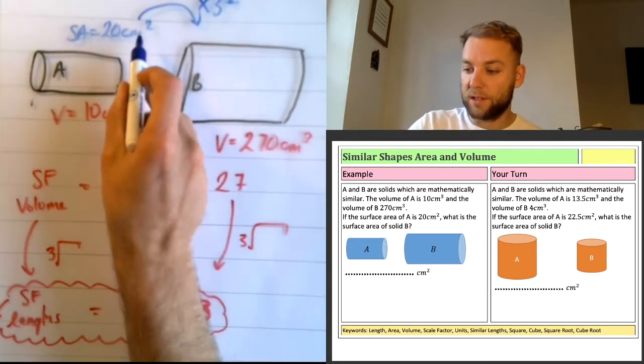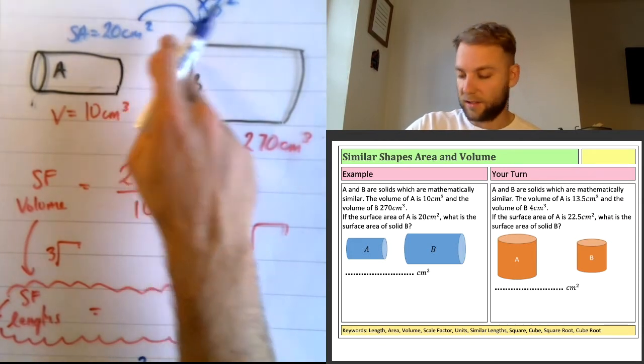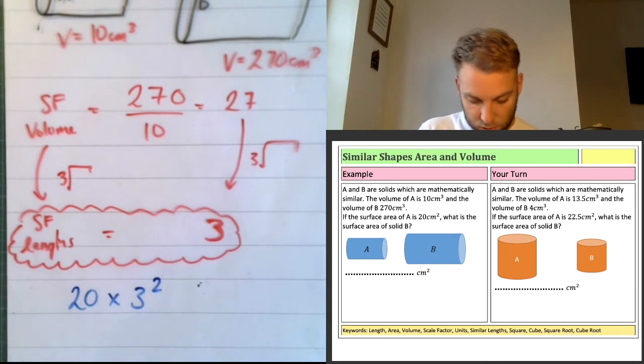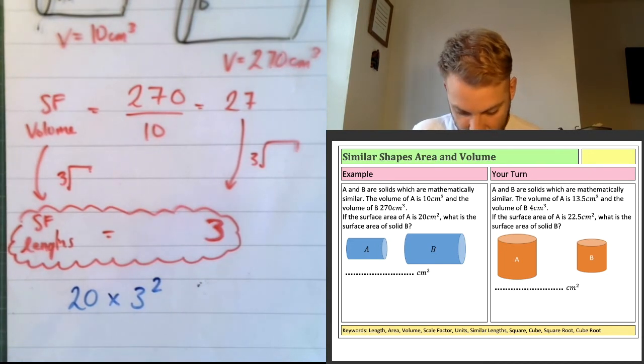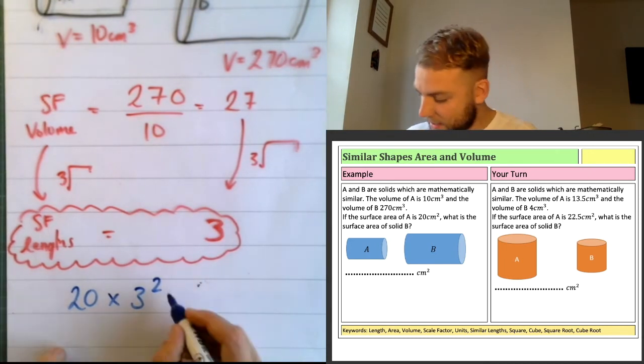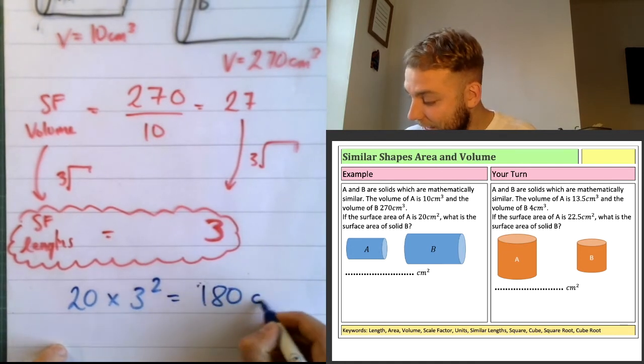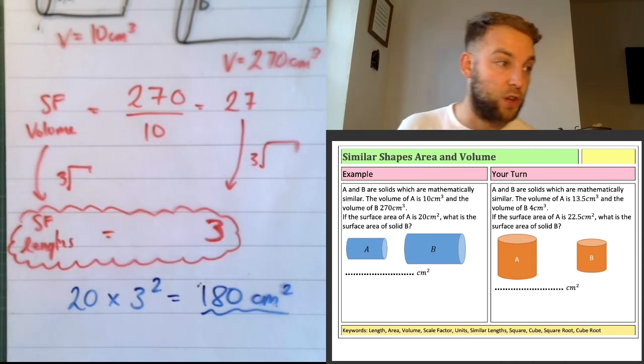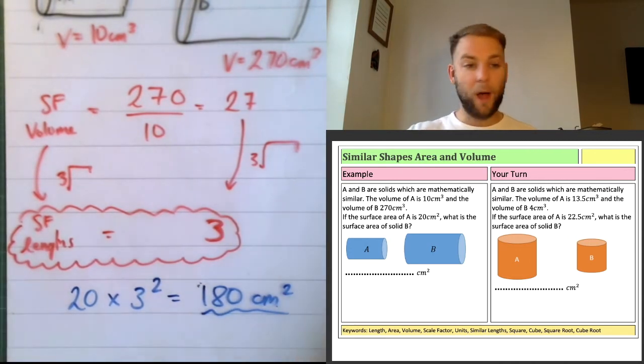We can take that from the units, can't we? Centimeters squared. So times by 3 squared. Little hint if it is in centimeters. So 20 times by 3 squared, which in this case is equal to 180 centimeters squared for my surface area. So have a go at that one on the right.